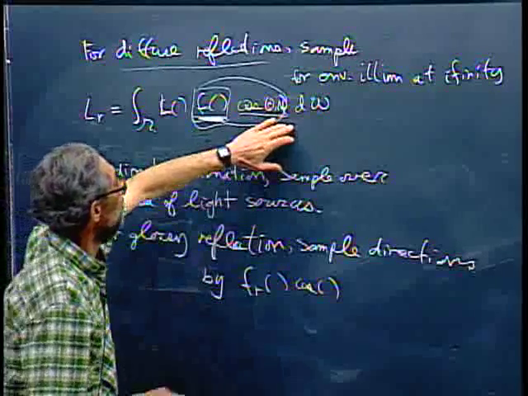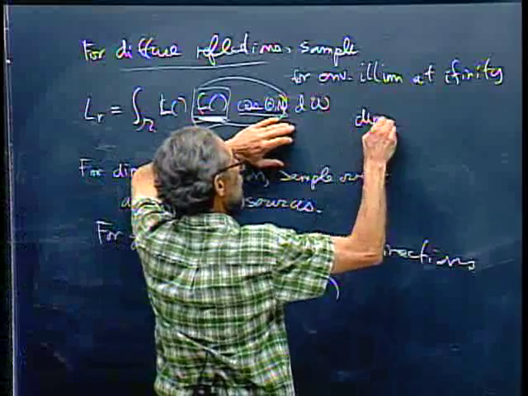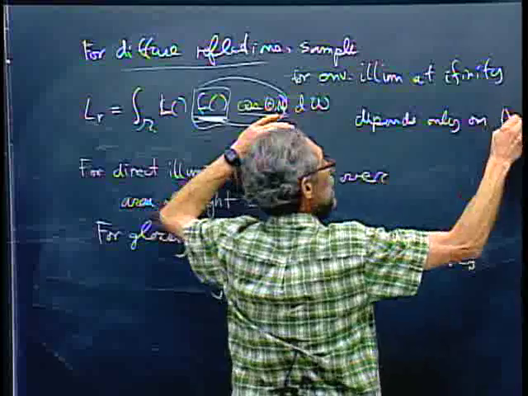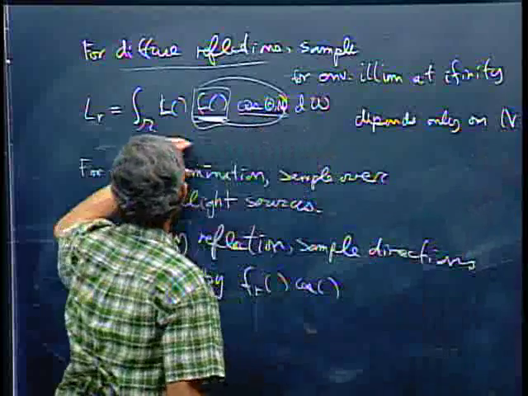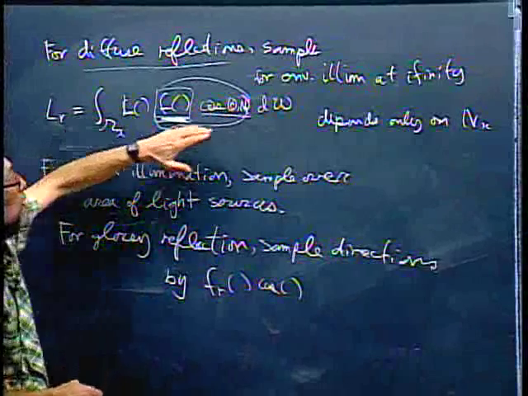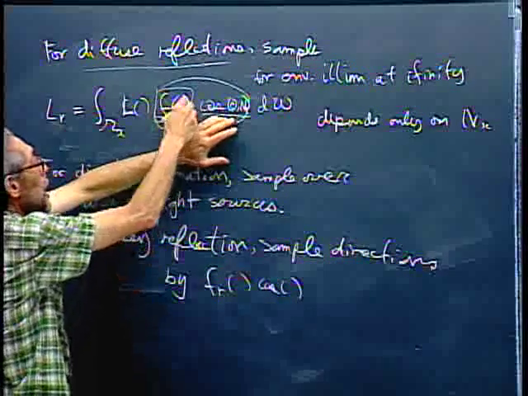Then this integral depends only on n at that position, because n is actually what's determining this hemisphere. And then this is a cosine weighted integral. This is a constant.